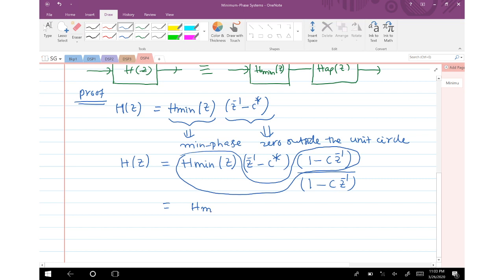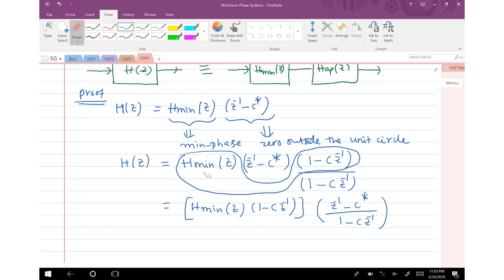So H_min(z) into (1 - c z^-1), and what is remaining here is equivalent to the remaining terms, (z^-1 - c*) over (1 - c z^-1). Okay, just for notational convenience, let me make slight changes here.